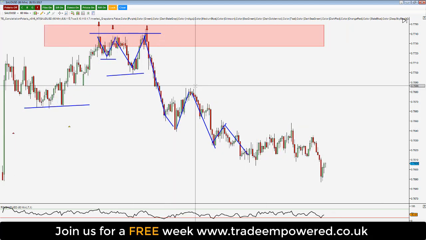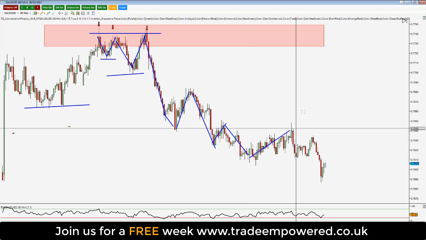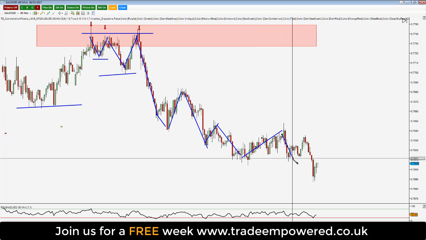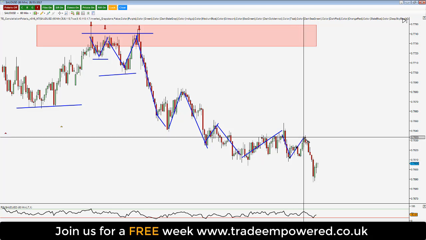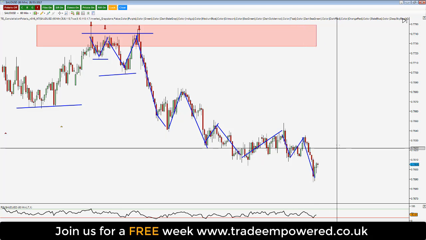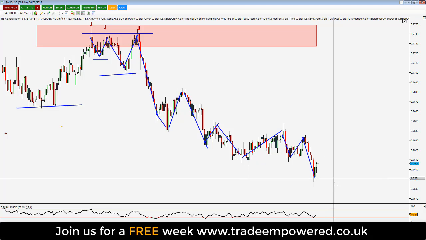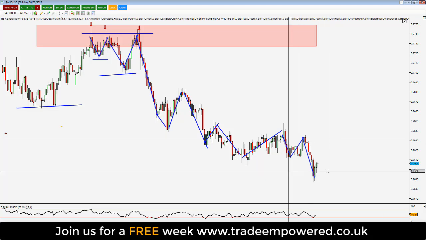And as we put in these lower lows and lower highs, as trend continuation traders, we're starting to look for a retest of the lows. So every time we put in a new structure low, we're looking for a pullback, and we're looking to sell that pullback for a retest of the lows.